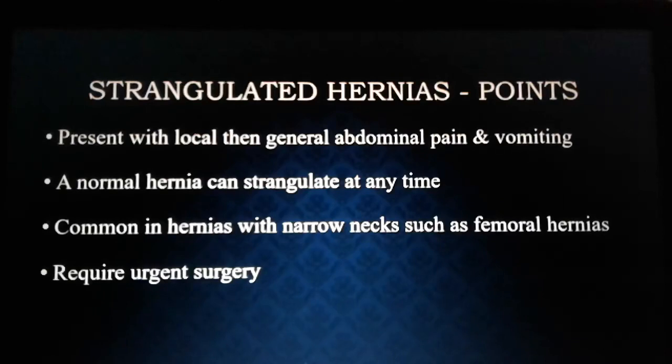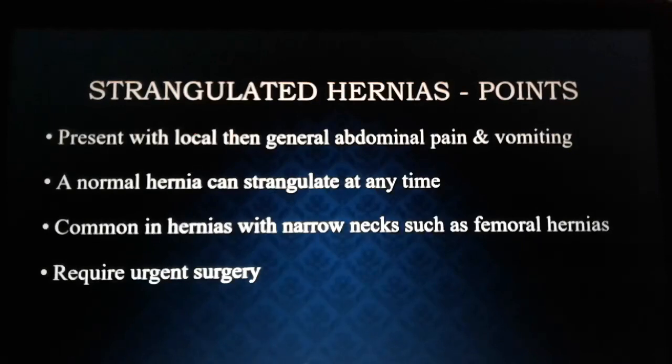Richter's hernia: in this, the patient can show the rest of the common hernia clinical features, but the important thing is that the sac contains only a portion of the circumference of the intestine, and usually the small bowel is involved.